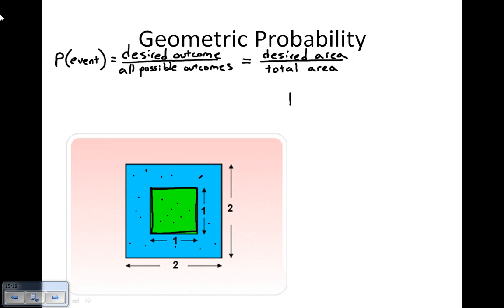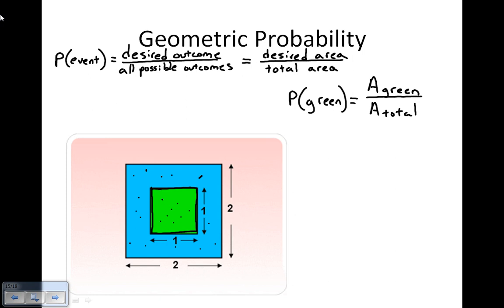We want to find the probability of the green. Well, the desired area then is the area of the green, I'm using subscript green here, over the area of the total shape. And this is a relatively simple problem since they're both squares.